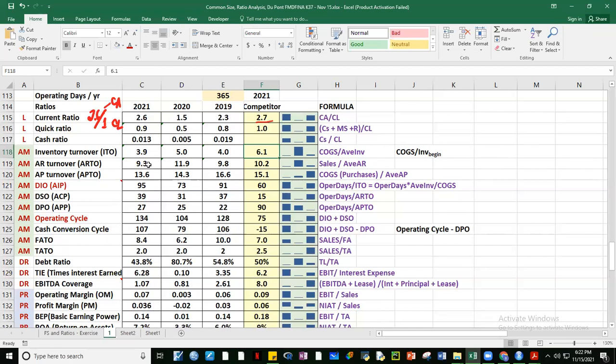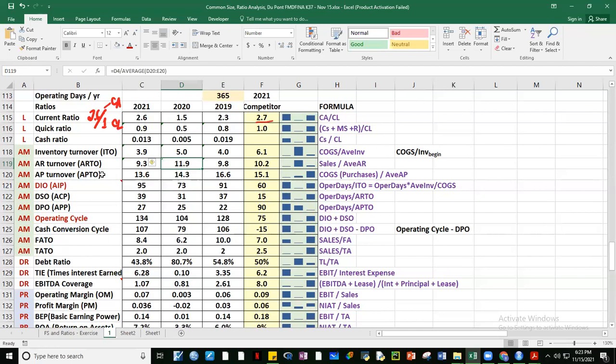Okay? How about ARTO? Okay, so from sales on account to collection, 9.3 times tayo. Si competitor 10.2 times. Ibig sabihin mas mabilis sila nakakakolekta ng receivables, 10.2 times every year. Tayo 9.3 times lang. In fact, mas maganda pa nga yung performance natin in 2020.